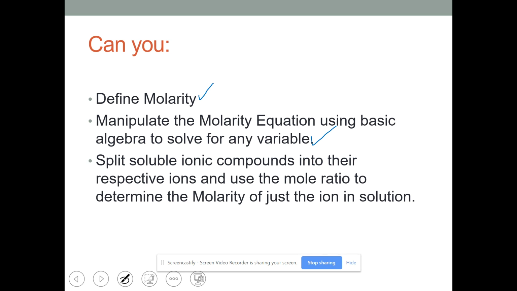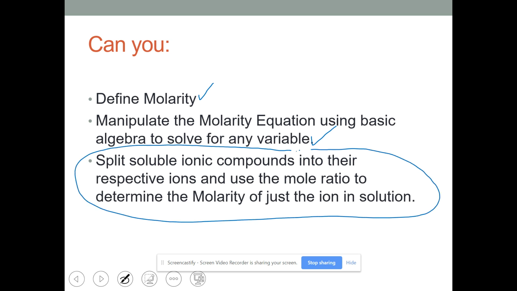Sometimes you're going to have to calculate molarity, sometimes volume, sometimes moles of solute. Sometimes the moles of solute need to be converted into grams or milligrams, or reverse, you might have to convert the grams or milligrams into moles. But then this is the new part right here. Being able to split the compound into the ions and then use the mole ratio to get the molarity of just the ion that's in the solution. Practice that on the worksheet. Good luck.